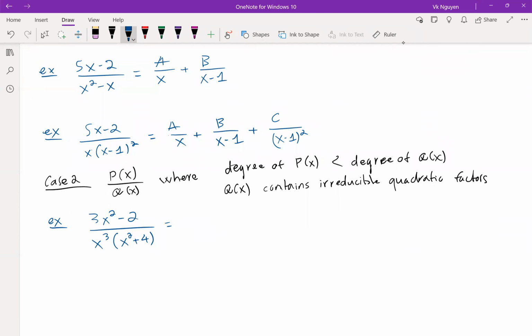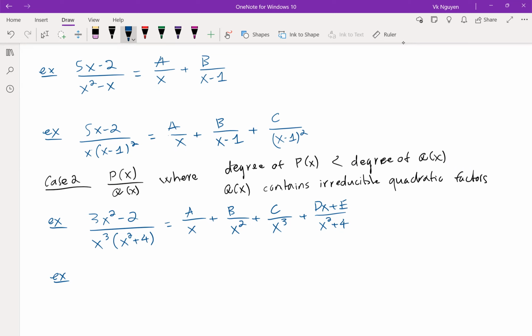This rational expression we can decompose into A over x plus B over x squared plus C over x cubed plus, well, we have x squared plus 4 on the bottom. On the top, the degree must be smaller, so the top has to be a linear expression, Dx plus E.